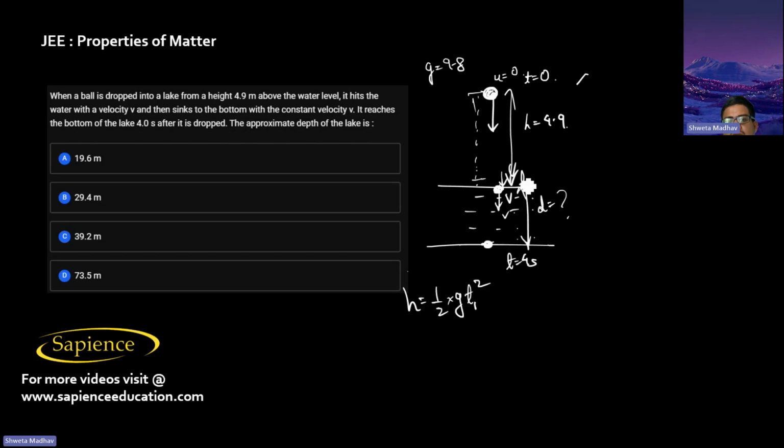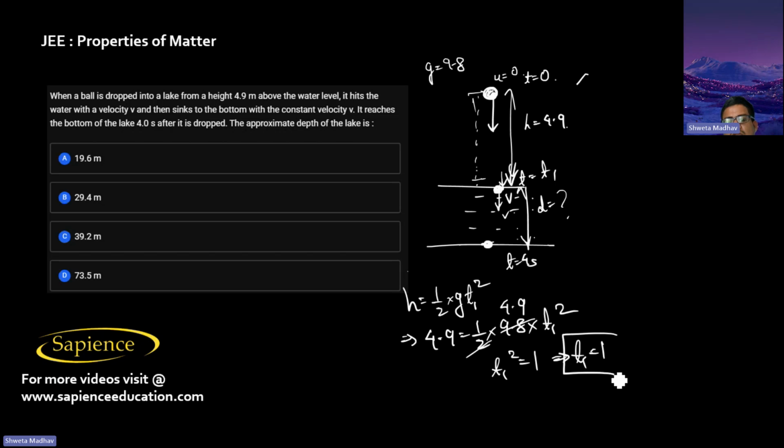Let's say at time t equal to t1 it will reach the surface of the lake. Therefore h, that is 4.9, is equal to 1 by 2 into 9.8 into t1 square. So t1 square is equal to 1, so t1 will be equal to 1 second.